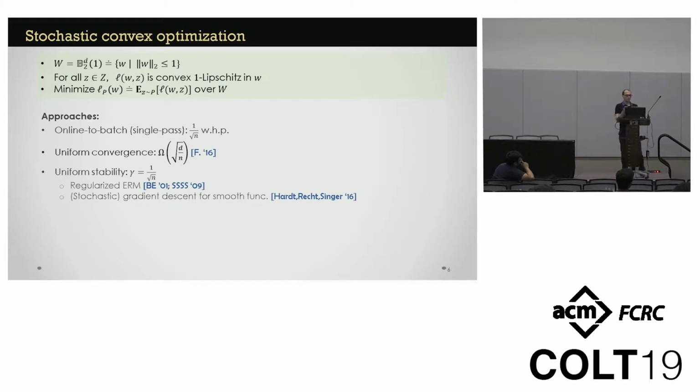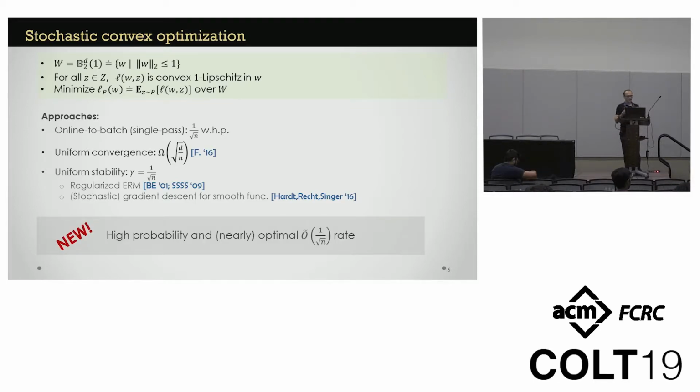And as a result, for both of these algorithms, it has been known that they generalize in expectation, and it has been open whether they generalize with high probability. So just by plugging in our bound, we immediately get high probability bounds for these algorithms with nearly optimal 1 over square root of n.